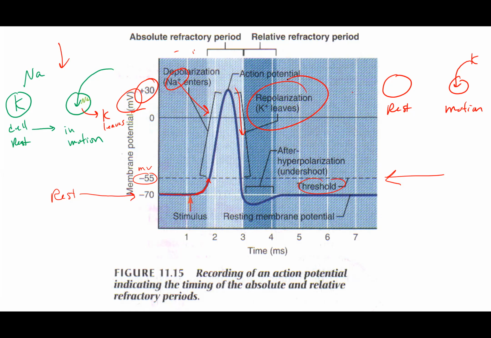So once you have a contraction, sodium has left, excuse me, potassium has left. Okay, remember, potassium leaves, sodium enters. And so to say potassium is leaving, that means it's leaving the extracellular space and going back into the cell.